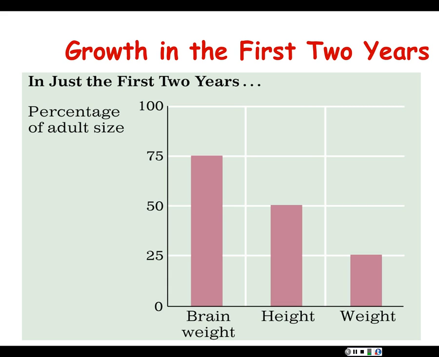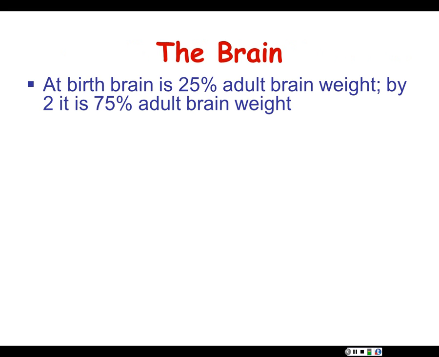And sometimes they get a big tummy too, and that goes away by about age 3. Even though their head is disproportionate, it's not like they have a giant head. The head will continue to grow, but the mass is there, the brain, the weight. So the mass of the brain is 75% at age 2.